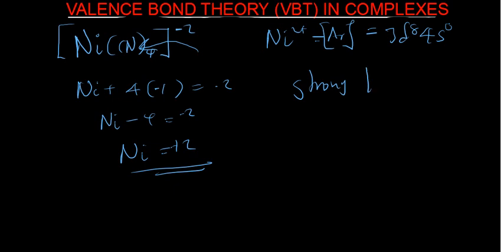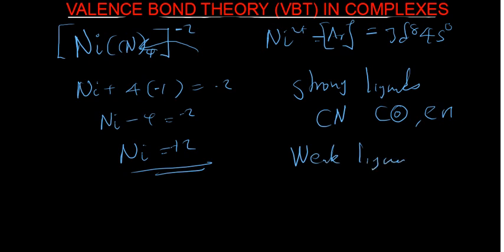Strong ligands include the same cyanide, CO, like that, and en. The weak ligands include water, ammonia, hydroxide, chloride ion, and these other ions.